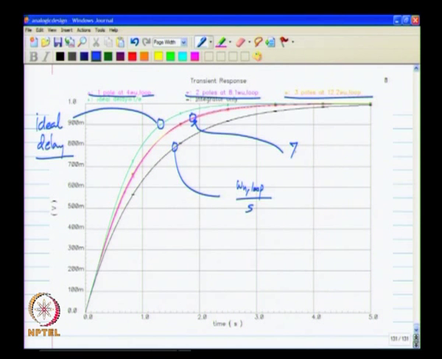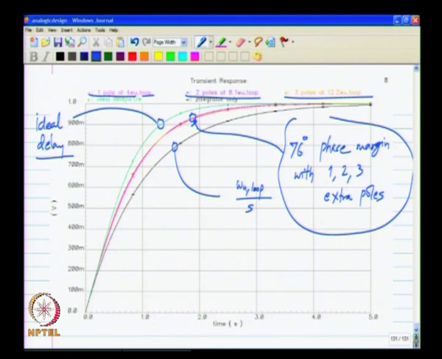All of these correspond to 76 degrees phase margin with 1, 2 and 3 extra poles. The only lack of generality here is that when you have 3 poles, all 3 poles are at the same frequency, but that is okay. So, this again should give you a confirmation that a 76 degree phase margin is a good number to have, and then you will not have any overshoot.